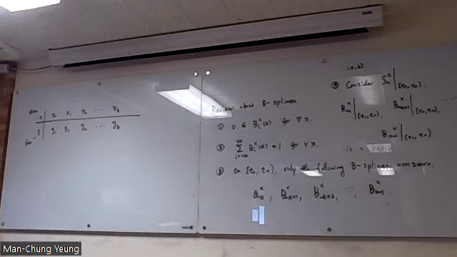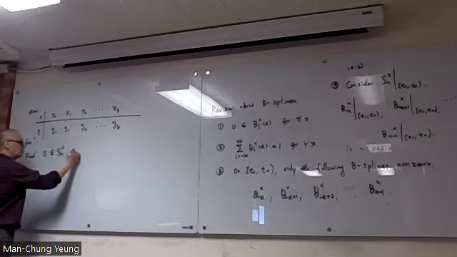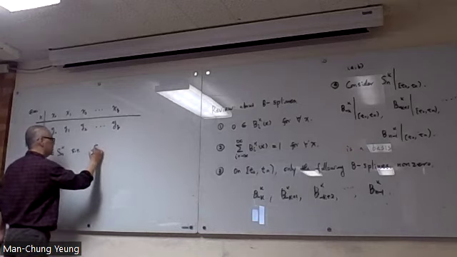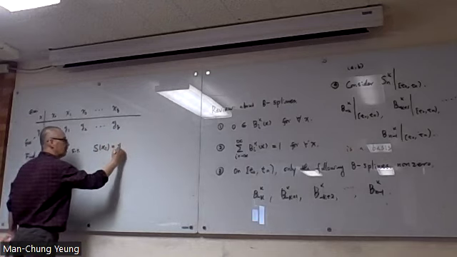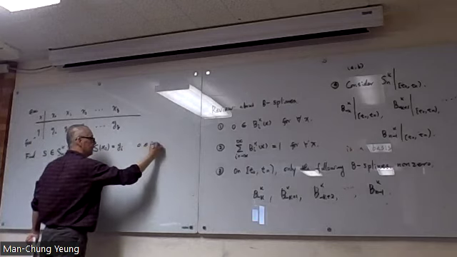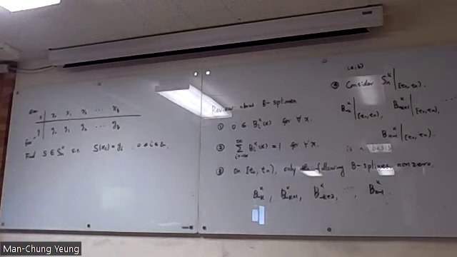Now, spline interpolation: find a spline function from this space such that the spline function at each node is equal to yi, where i is between 0 and q. This is spline interpolation.